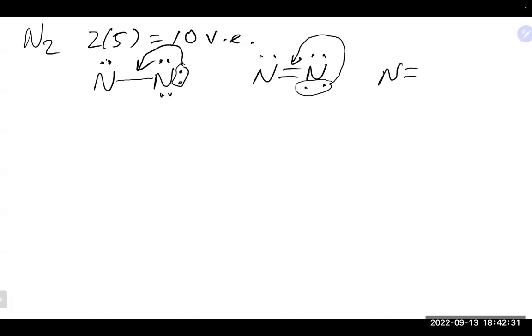At this point, we now have a triple bonded nitrogen, and each has a lone pair of electrons, which is what it should have. Everybody's got 8, and that would be our proper Lewis structure here. So in the case of nitrogen, we had to go to a triple bond to get everybody to 8 valence electrons. Any questions on that one there?